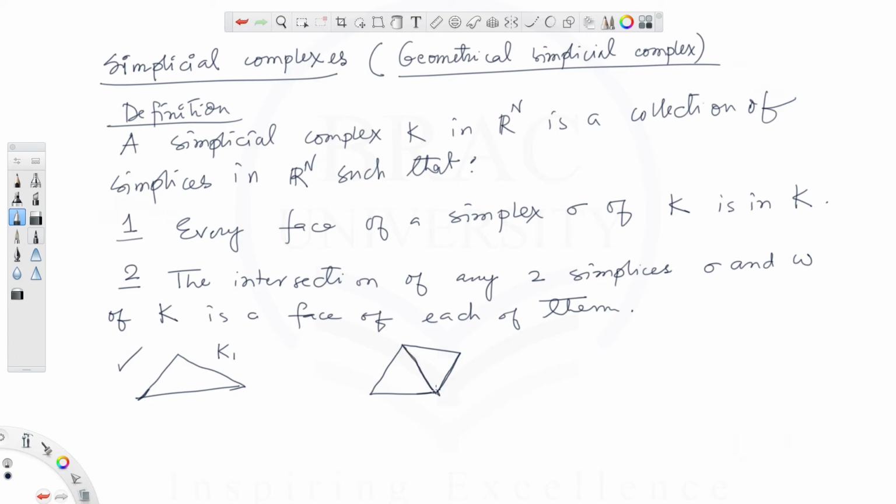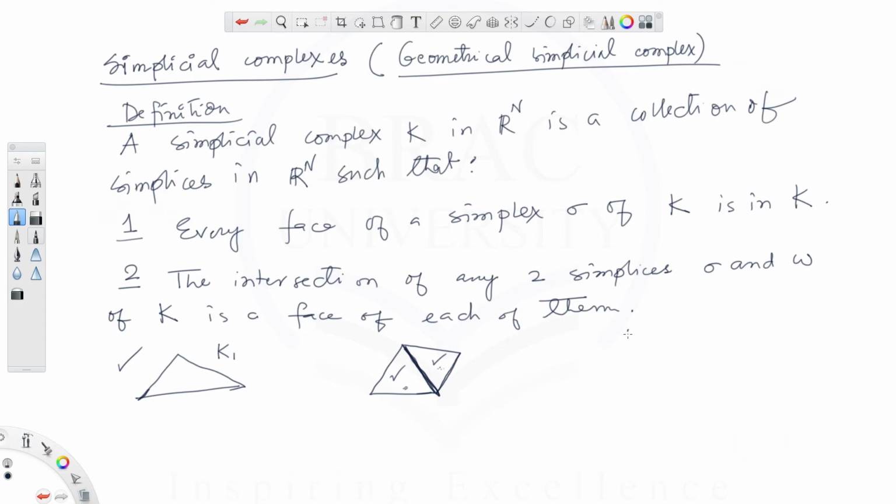This is the intersection of these two simplices, and this is a face of this simplex, and this is also a face of this simplex. So this is a valid simplicial complex.